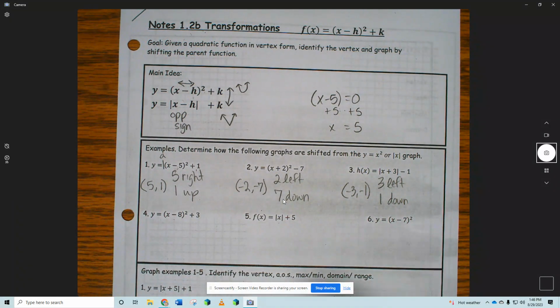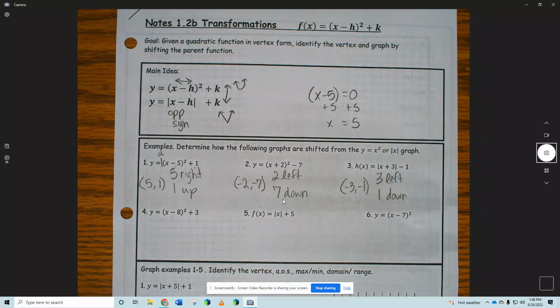Do 4, 5, 6 on your own. Words and then vertex.